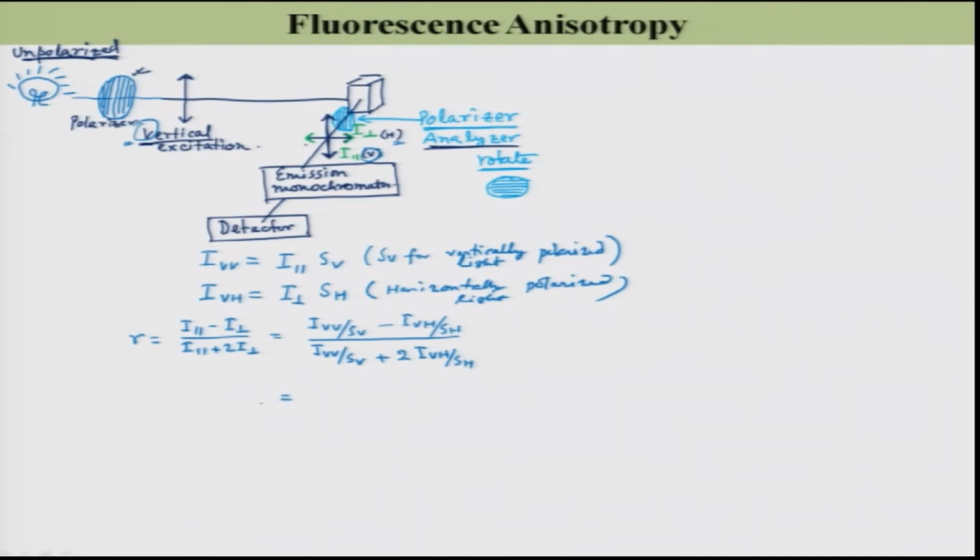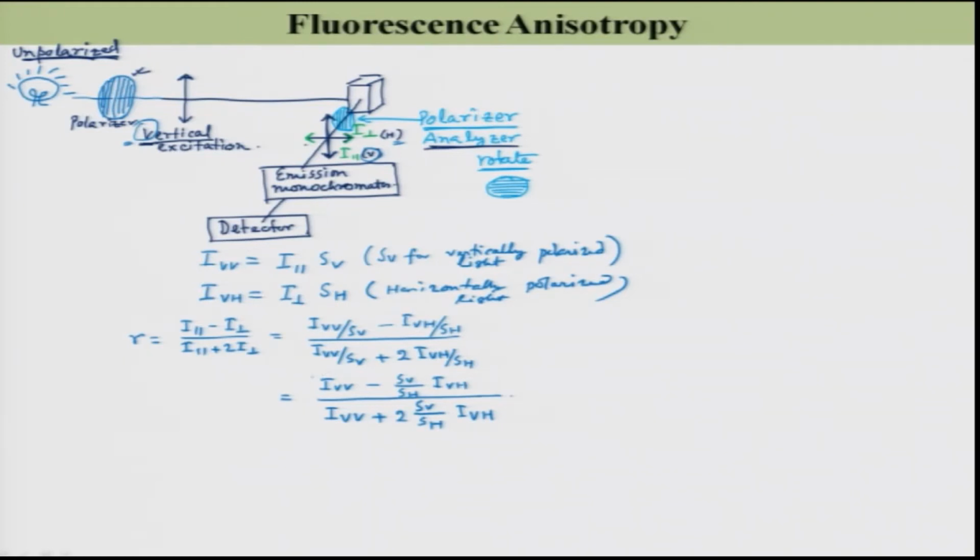Now, if I multiply both the numerator and denominator by SV, what will happen? Simply it will be I VV minus SV by SH into I VH, divided by I VV plus 2 SV by SH into I VH. So, you see here, this is your measured quantity, right.